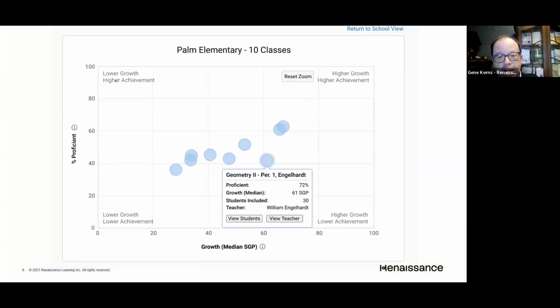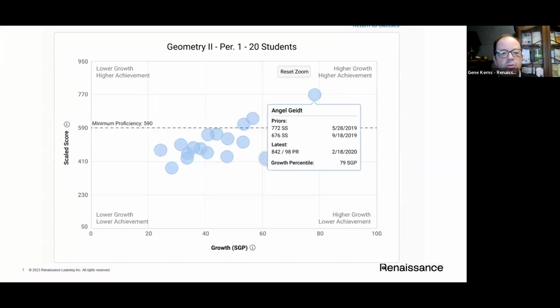And then I see all the classes. I see some classes are doing a little bit better because they're more towards the right and more towards that upper right corner. I might be concerned about some of the classes over to the side with a little bit lower growth. So if I want to, I can drill in and see the students or see the teachers and drill right on down to see how every individual kid is doing.